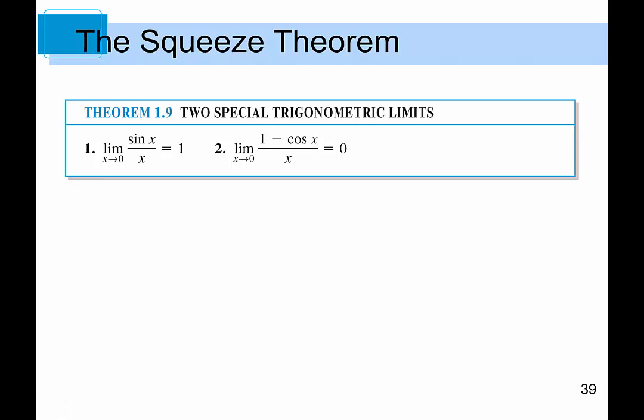Okay, let's take a look at two special trigonometric limits. The limit as x approaches 0 of sine of x over x is 1. The detailed proof will be done using L'Hopital's rule.